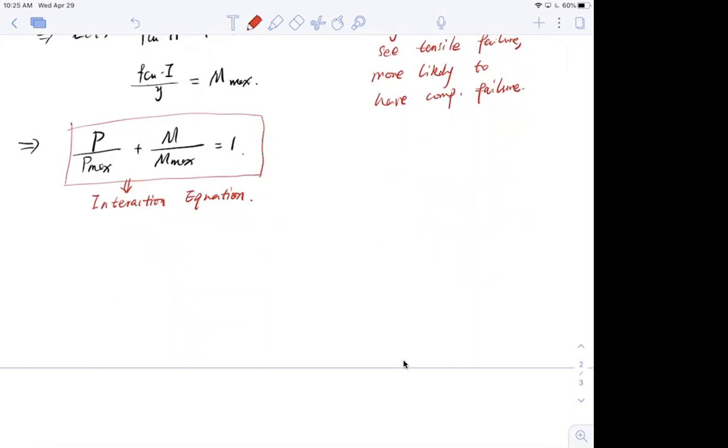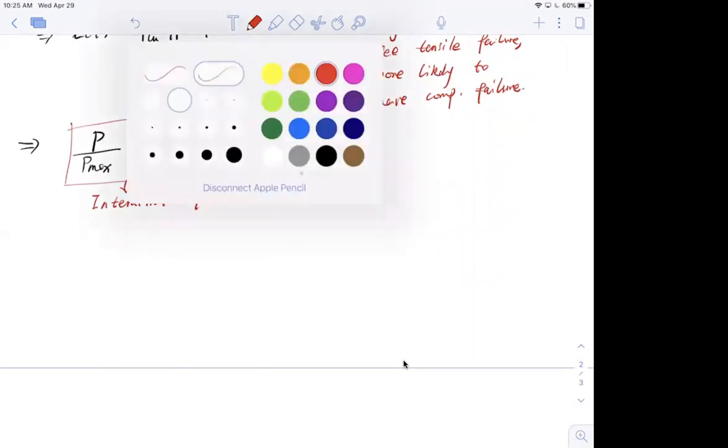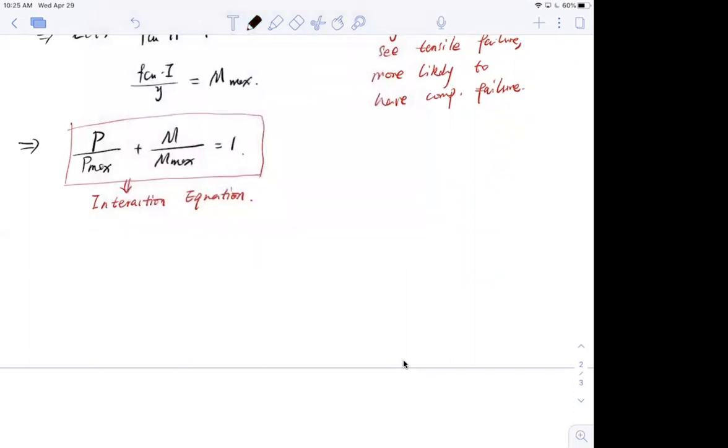So what does it look like on the curve, on the chart? I'm going to draw the chart. Let's show equation 1 in a diagram.